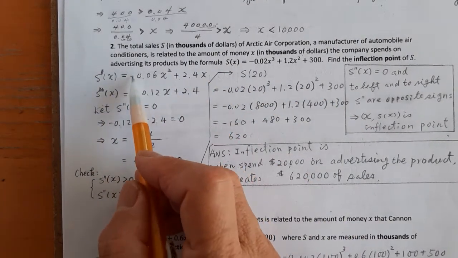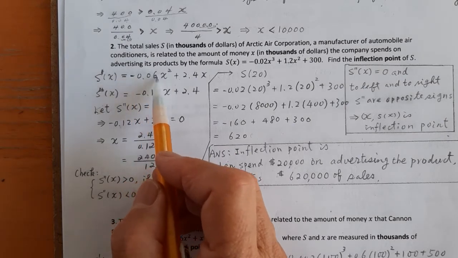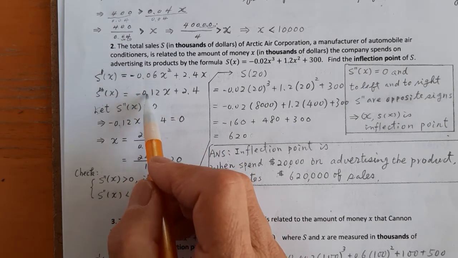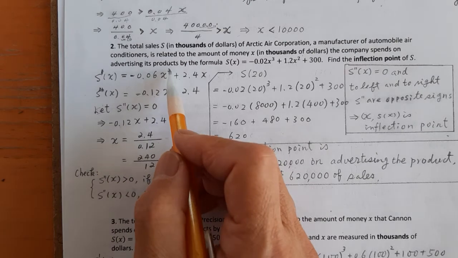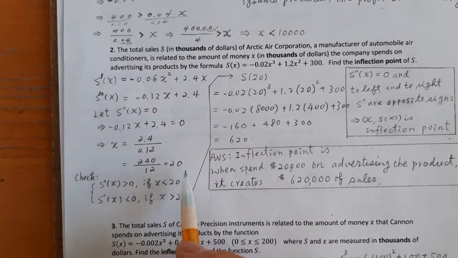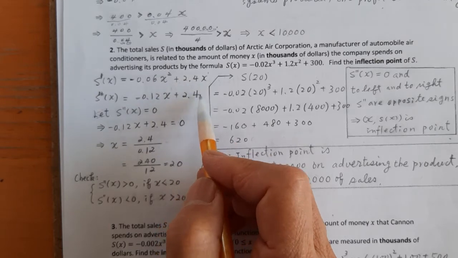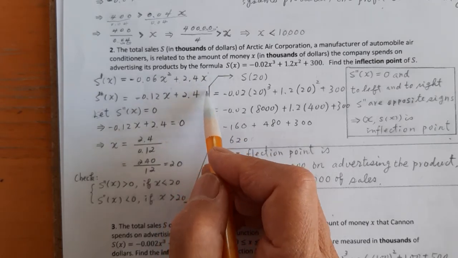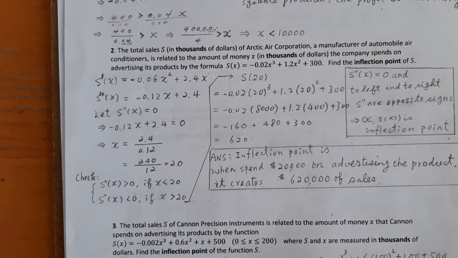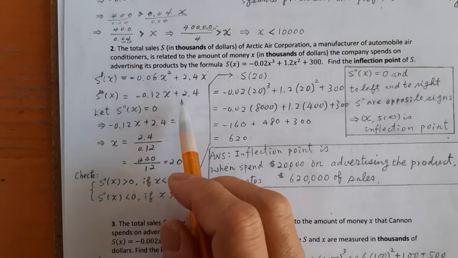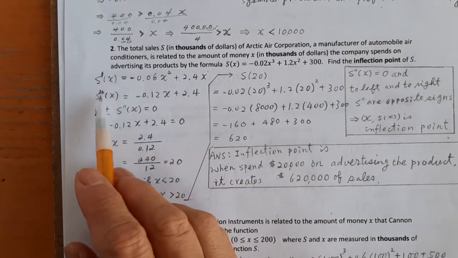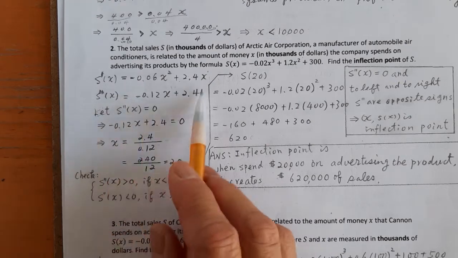You get negative 0.06 times 2 is negative 0.12 x to the power 2 minus 1, which is x, plus 2.4 times 1 is 2.4, x to the power 0 is 1. So you got 2.4.